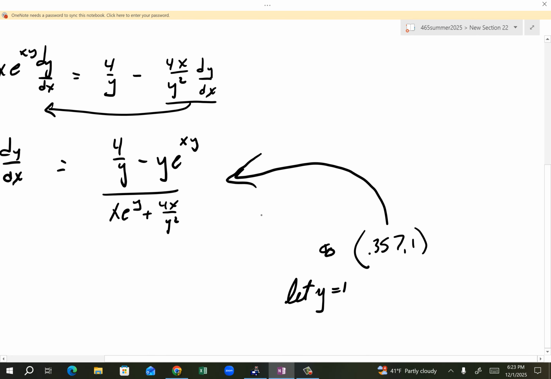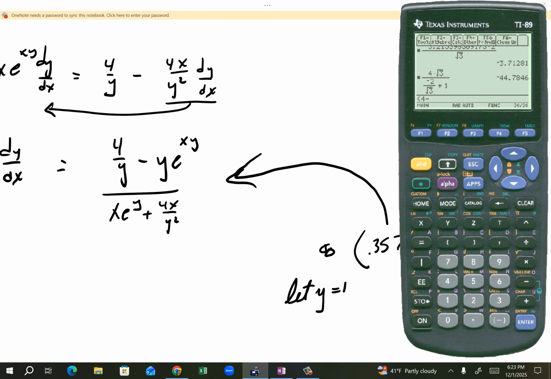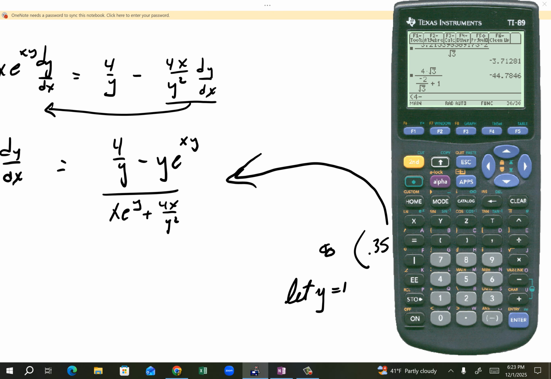And so that's going to be 4 divided by 1 is 4, minus e to the 0.357 divided by parentheses 0.357 times e to the 1, plus 4 times 0.357 divided by 1, which is just that, of course. And you get 1.07.